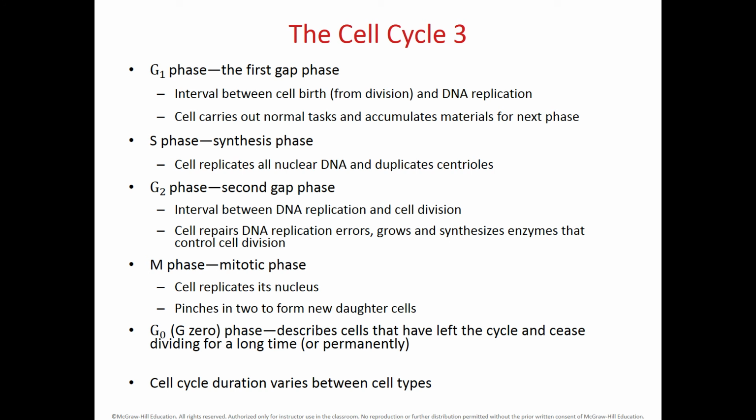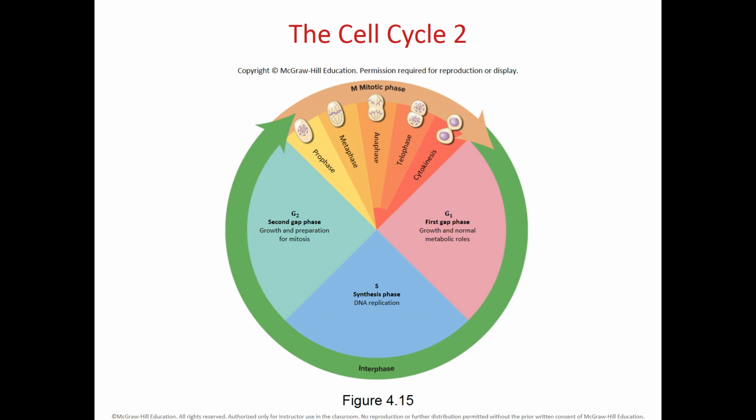And then the cell cycle is variable in terms of time for the different cell types. Some cells in our body replicate very rapidly, like our hair cells and the cells in our intestines. Other ones take longer to replicate. In this figure, we can see the phases of cell division. In green, you have interphase, and in light brown, you have mitosis.